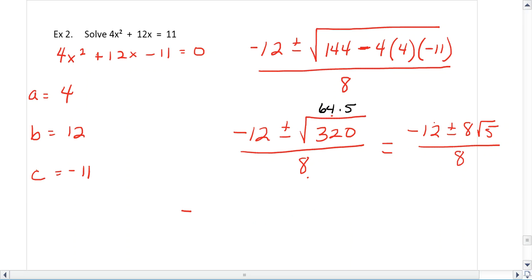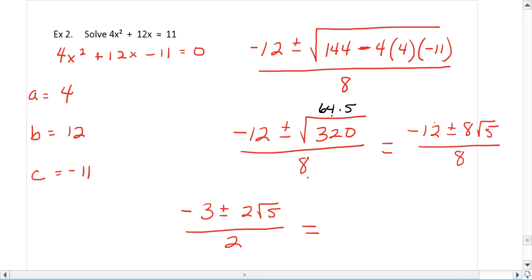So we'll take the 4 out of the 12, the 4 out of the 8, and the 4 out of the 8 in the denominator. And now this is our answer if we leave it in radical form. This is a perfectly acceptable form of the answer.